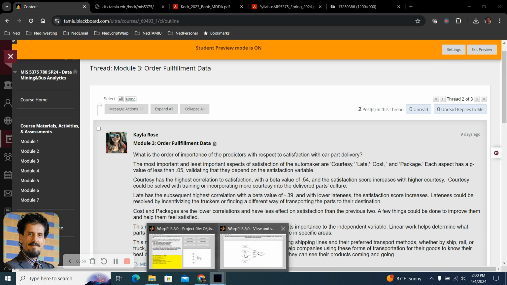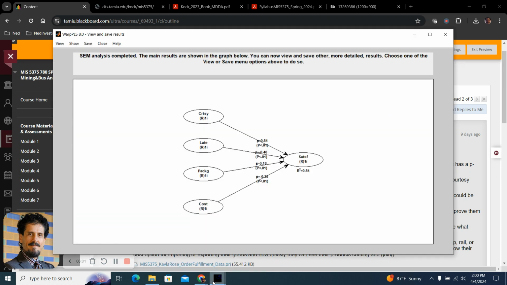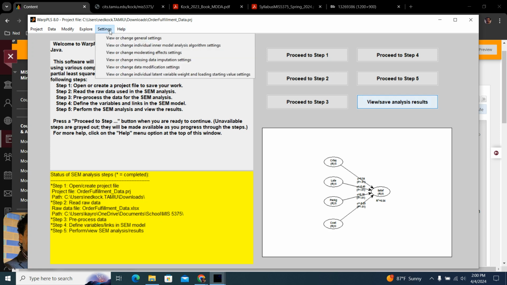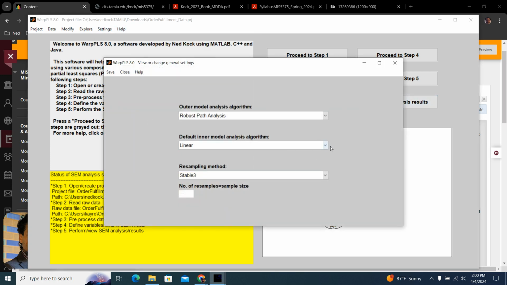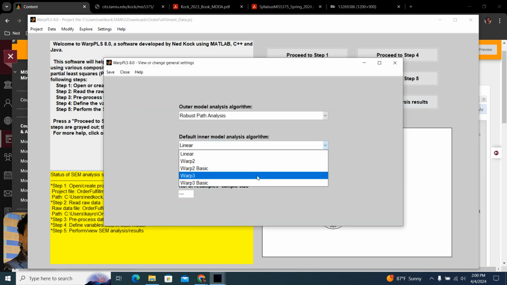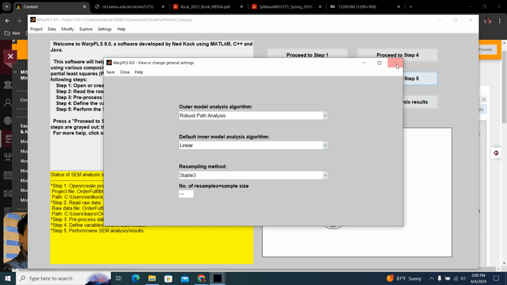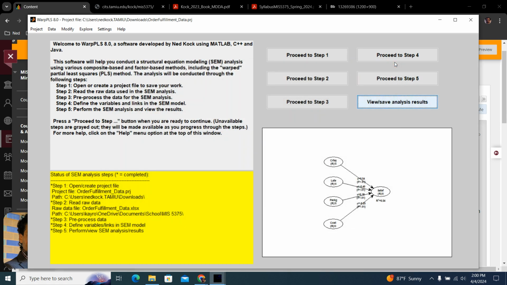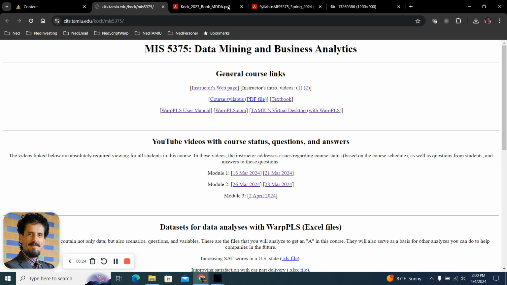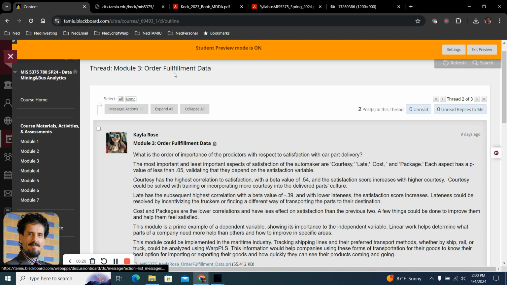And you can do that more easily by just going here to the general settings, and then changing here to warp 3, which is the most complex type of nonlinearity you can possibly have. But for this course, we're considering all the relationships to be linear. So no need to resubmit.